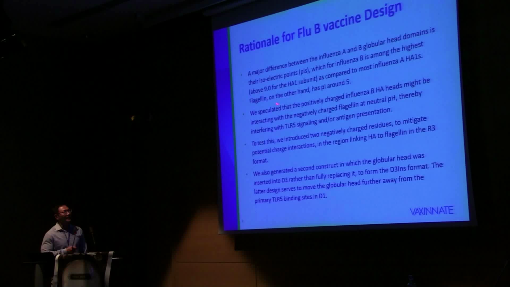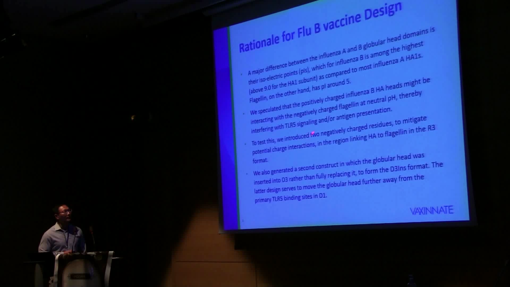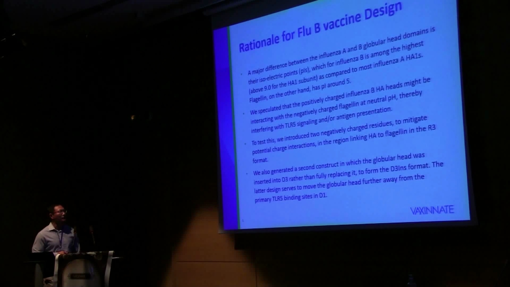Flagellin, on the other hand, is very acidic, with a pI around 5. So we thought that the positively charged flu B HA head might interact with the negatively charged flagellin at neutral pH, thereby interfering with TLR5 signaling or antigen presentation.